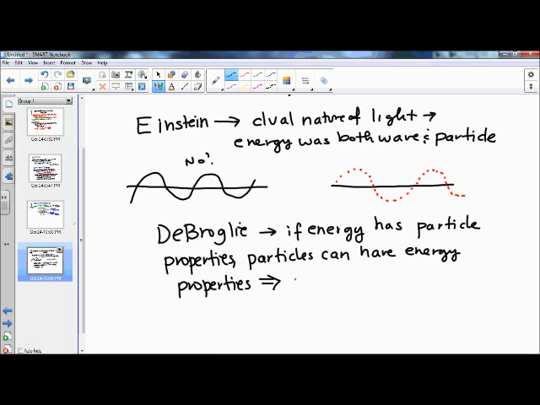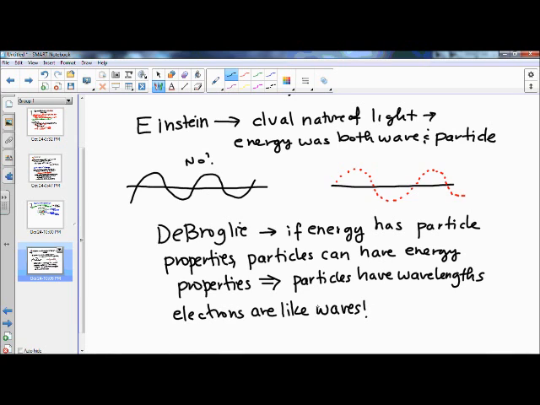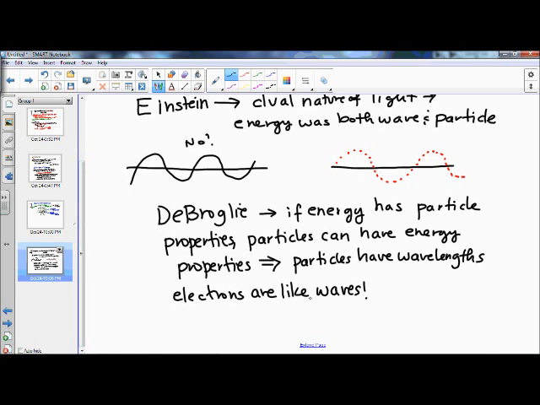What he said was that particles have wavelengths. So that means that electrons are also waves. Now, the electron wave doesn't look quite like this.